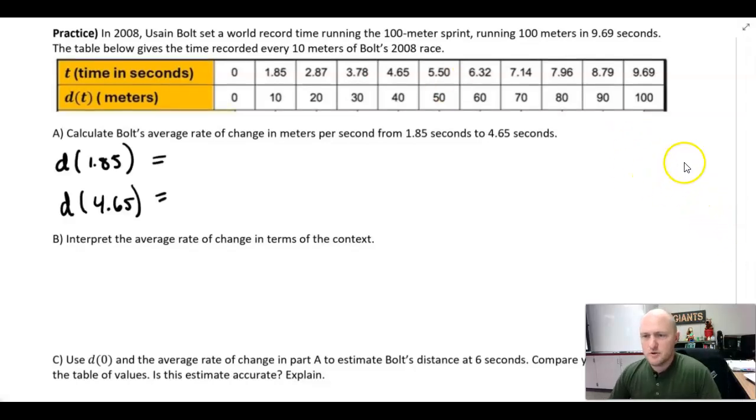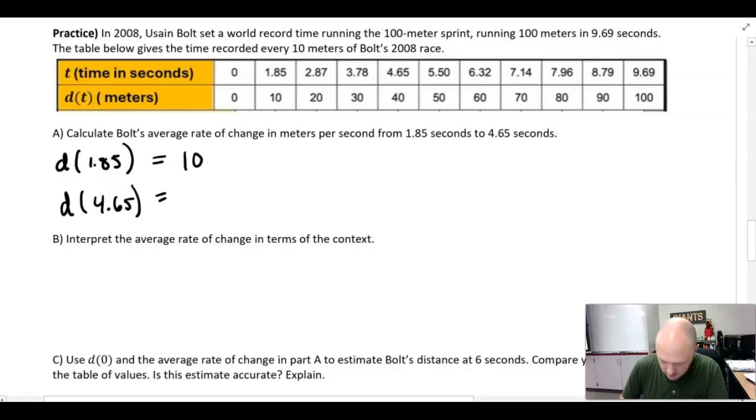All right, so hopefully you went ahead and tried this. For this problem, calculating average rate of change, the first thing you want to do is calculate the function values. So what was his distance at 1.85 seconds? That was 10 meters. What was his distance at 4.65 seconds? This was 40 meters.